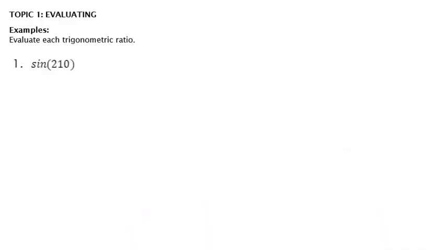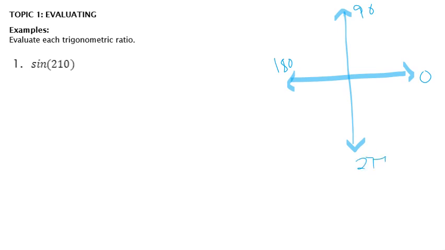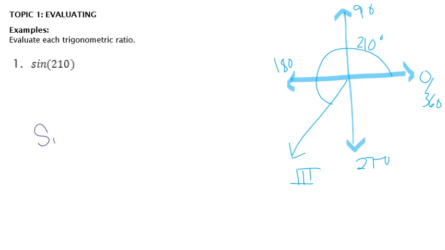For our first example, we're finding the sine of 210 degrees. The first thing we're going to do is sketch where that would be on our coordinate plane. If I label everything out, I know I have 0, 90, 180, 270, and 360. I can see that 210 degrees is going to be in quadrant 3. So my first step is just sketching it on the coordinate plane. I'm trying to find the sine of 210 degrees.